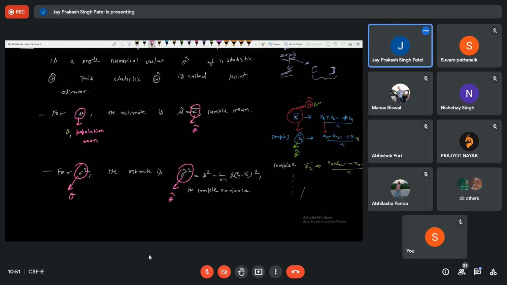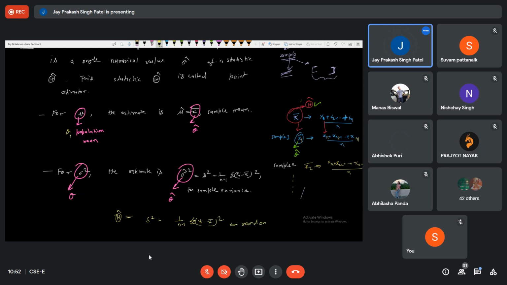And now what is capital theta hat? Here this is the function, this is the statistic s square, which is 1 by n minus 1 summation xi minus x bar whole square. So this is a random quantity, right?